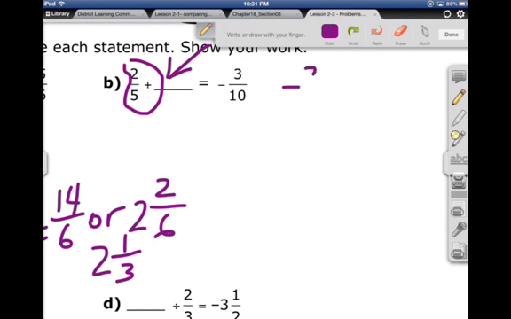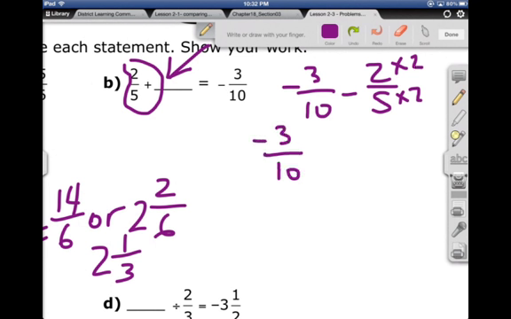We've got negative 3/10 decreased by 2/5, and let's see if that turns out to be right. We need to do the opposite operation. And if you've done algebra, you'll see that it's a game of opposites to find the missing value in this case. Multiply by 2, multiply by 2, negative 3/10 minus 4/10, negative 7/10.